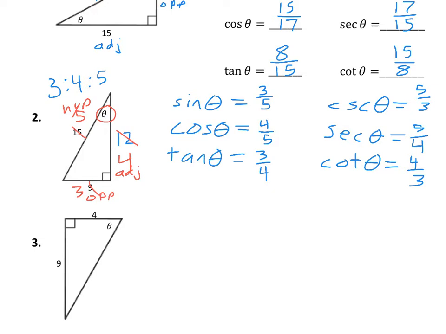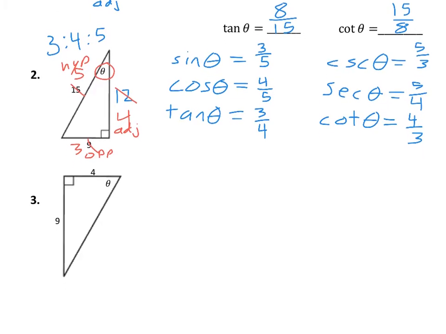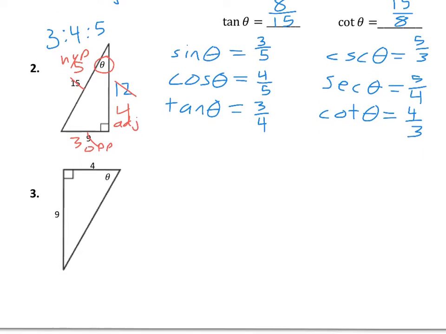Alright, for number 3, that is not a Pythagorean triple, so we're going to have to do the Pythagorean theorem. So we know that 9 squared plus 4 squared equals c squared. So that's 81 plus 16 equals c squared.